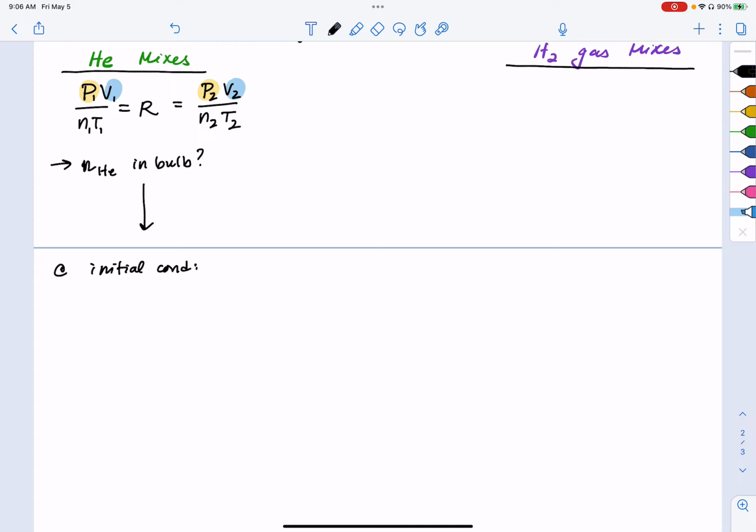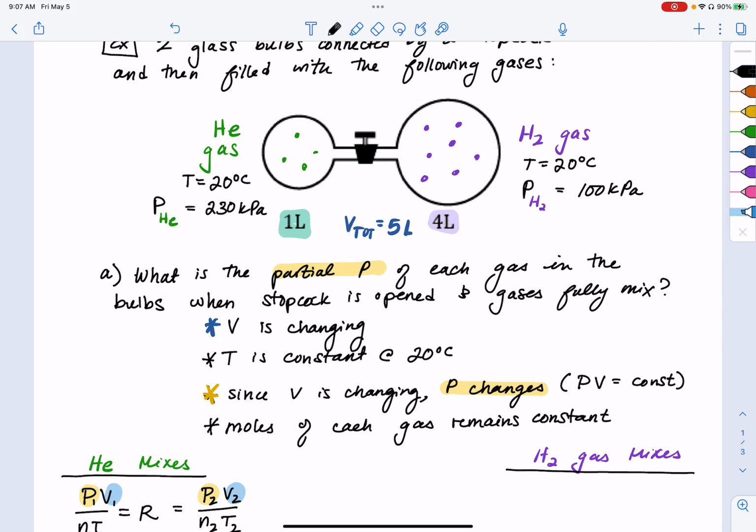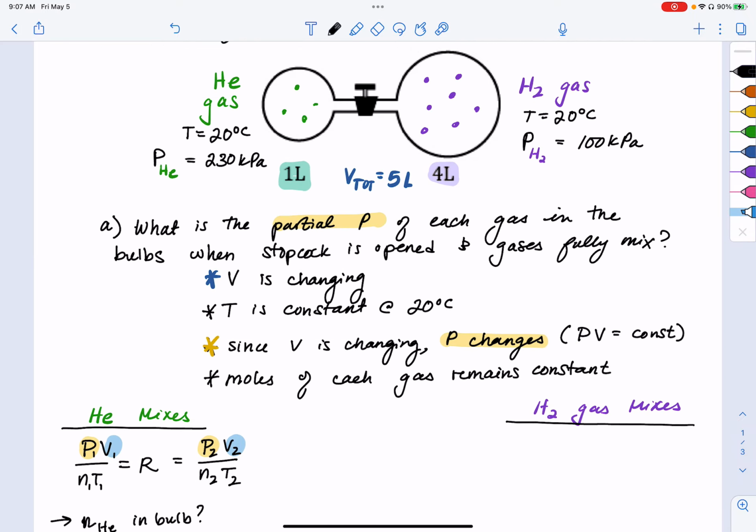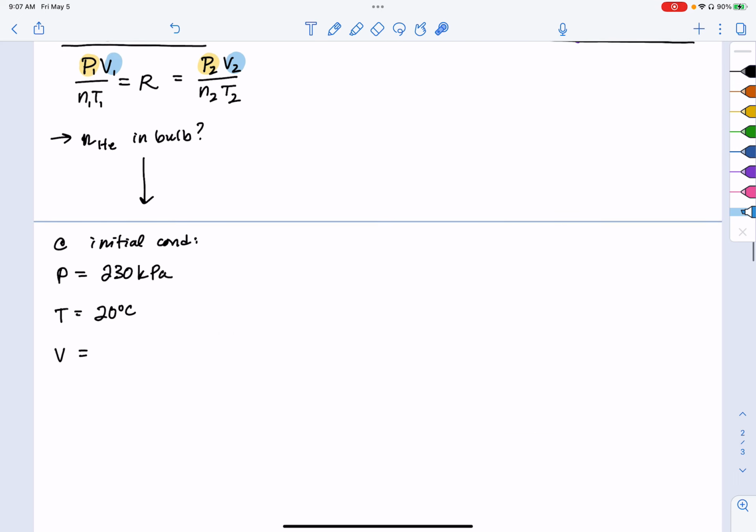So what are initial conditions? We have a pressure that is 230 kilopascals. We have a temperature that is 20 degrees Celsius. And we have a volume pre-mixing, looking at our helium, of 1 liter. So 1.0 liter.